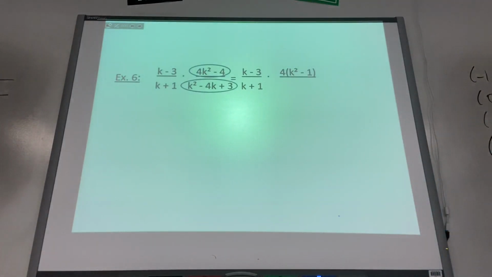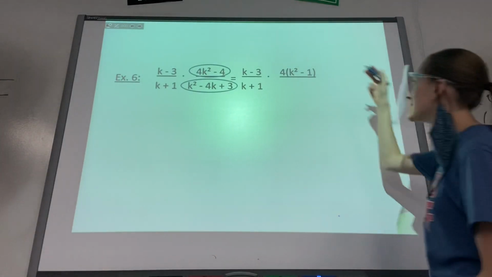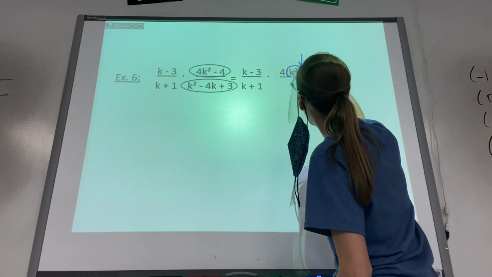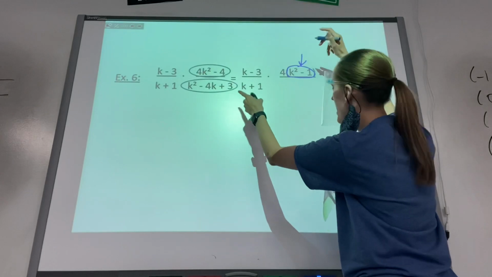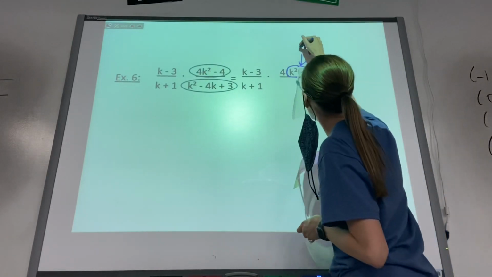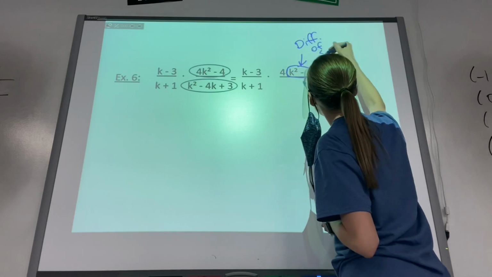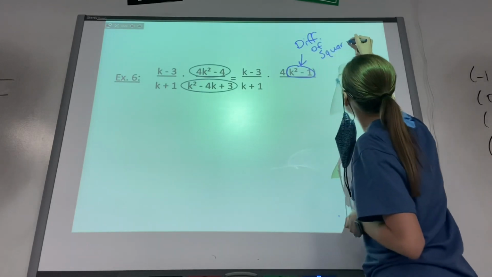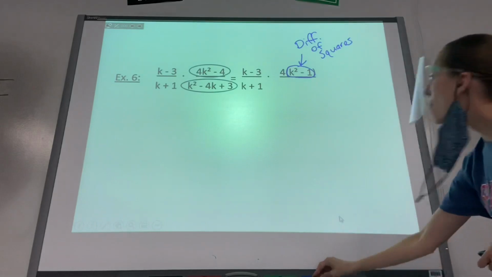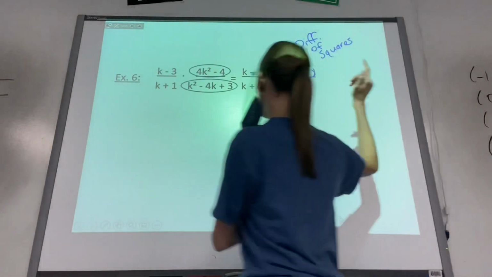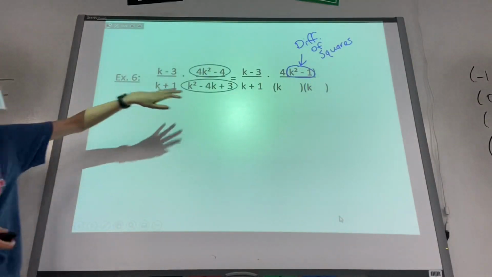Now, I'm going to give away a little bit about the next step. We need to do that GCF first if we can. Now you've got a difference of squares that we'll probably have to factor even further. Now I'll come back to that in a minute.